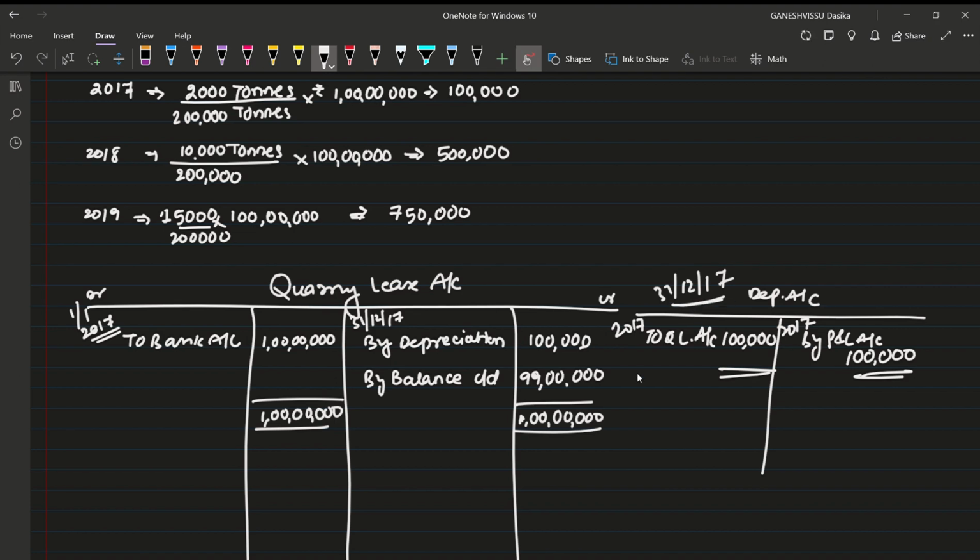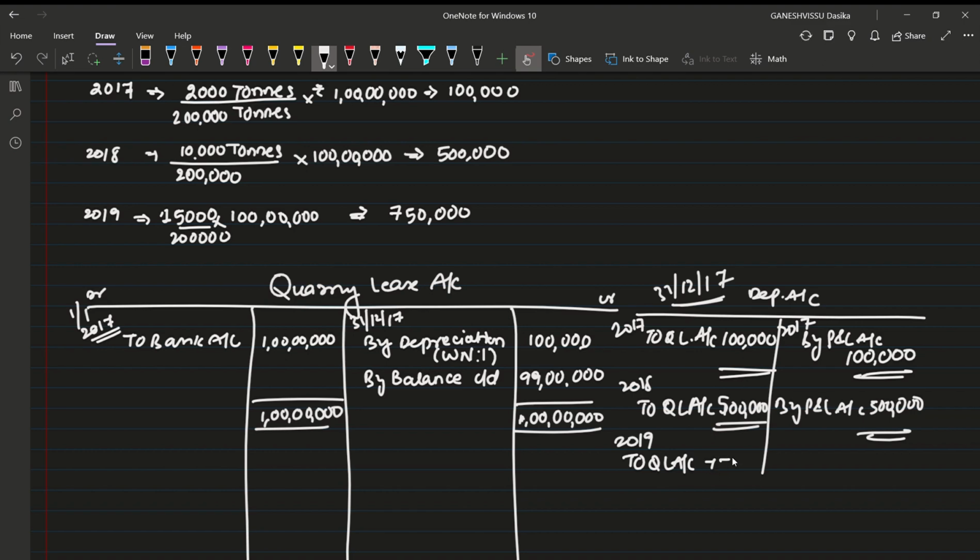For 2018, we write to quarry lease account 5 lakhs, the depreciation for the second year, mentioning working note number 1, and by P&L account we transfer 5 lakh rupees. And the same in 2019, to quarry lease account 7,50,000, and by P&L account 7,50,000.